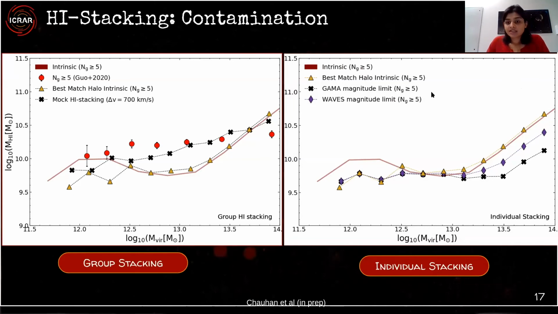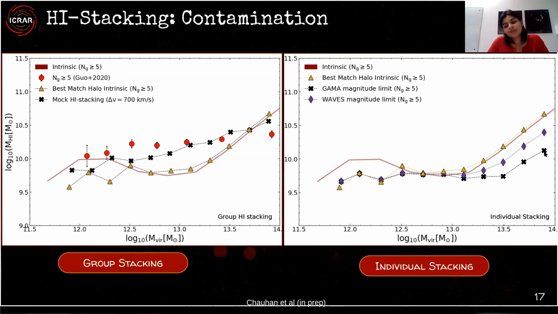The gamma magnitude limit is just me testing how much HI mass can be measured from just looking at galaxies which lie below the gamma limit, and to see how big a difference that makes. And just to understand if going deeper would make a huge difference, we also try to see what would happen if a survey with the magnitude limit of WAVES is also in place, and how much of a difference that's making.